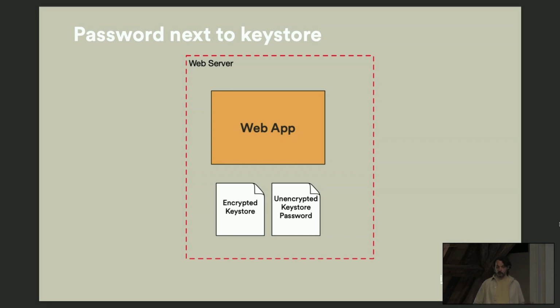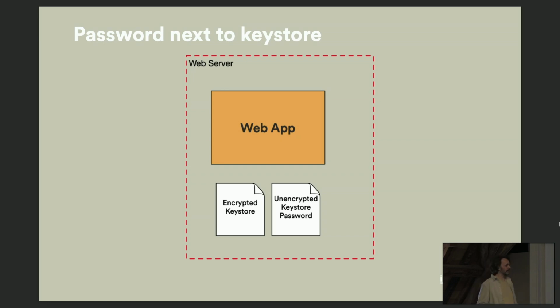And so you have to have some way for this to uninteractively start up. And so typically what ends up happening if you're using password-based encryption of your keys, is that you get this encrypted key file, this key store file that you put on your web server, and then right next to it you have the unencrypted password in another file.